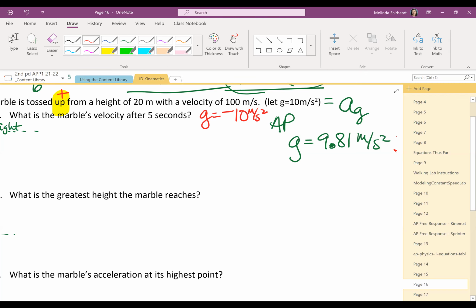What's the marble's velocity, sign matters, after 5 seconds? There is a way you can intuit, process it, think about what's happening. Well, gravity is going to slow it down 10 meters per second every second. And since gravity is constant, in 5 seconds, it'll slow down how much? 50, negative 50, right?